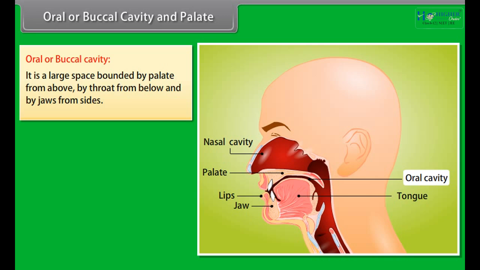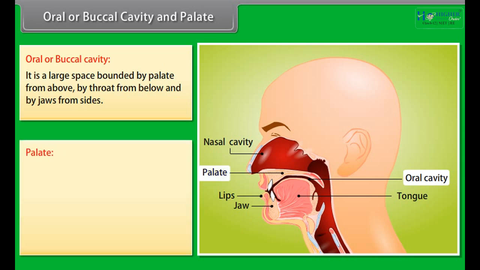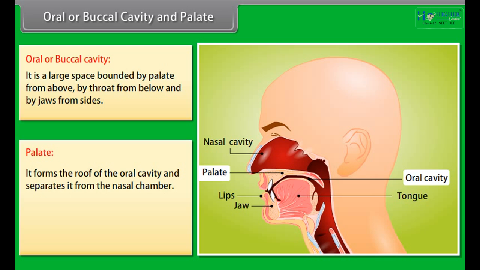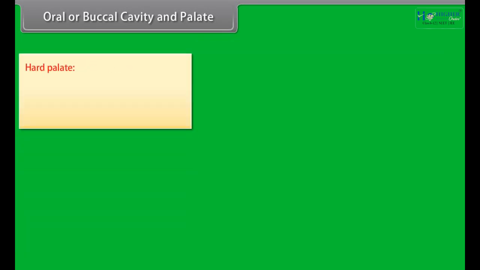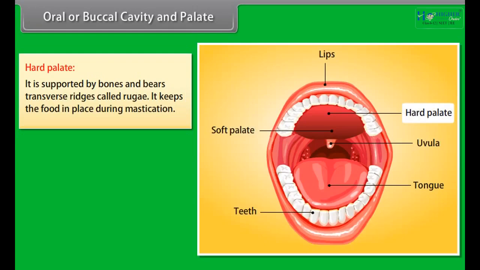Palate. It forms the roof of the oral cavity and separates it from the nasal chamber. It is divided into two parts, hard palate and soft palate. Hard palate. It is supported by bones and bears transverse ridges called rugae.